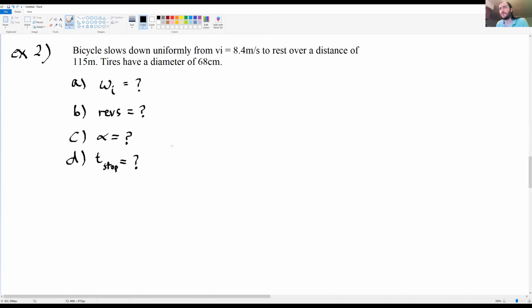So this is a question that mixes some rotational motion with some translational motion. So there are a lot of different ways to go about getting the answers for these parts. I can already see from experience here, you can probably get a lot of these in different orders and using different methods.